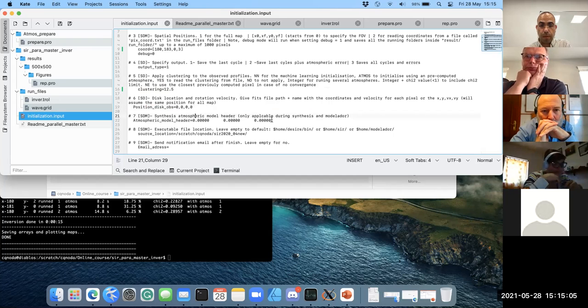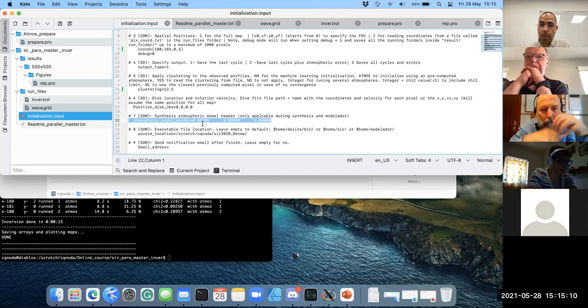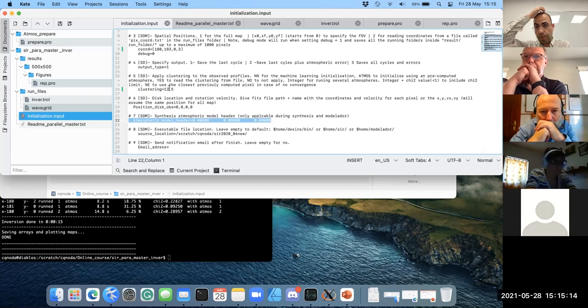This is not used in inversions because you are going to provide the atmospheres, and those atmospheres already contain the macroturbulence, the filling factor, and the stray light. So this will not be used. And then, as always, you tell the code where the sir.x is located.